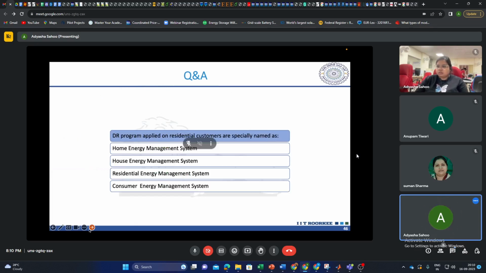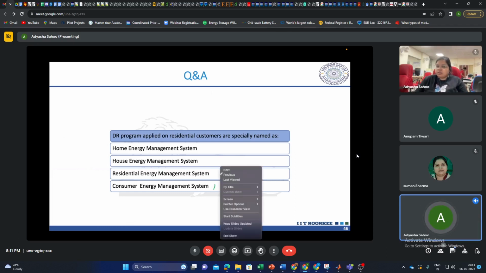Then demand response programs applied on residential consumers are specially named home energy management system, residential energy management system, or consumer energy management system. Actually, it was in the slide only.